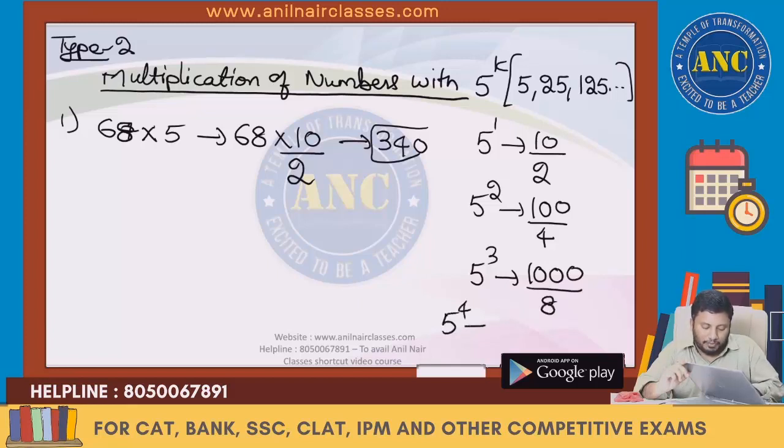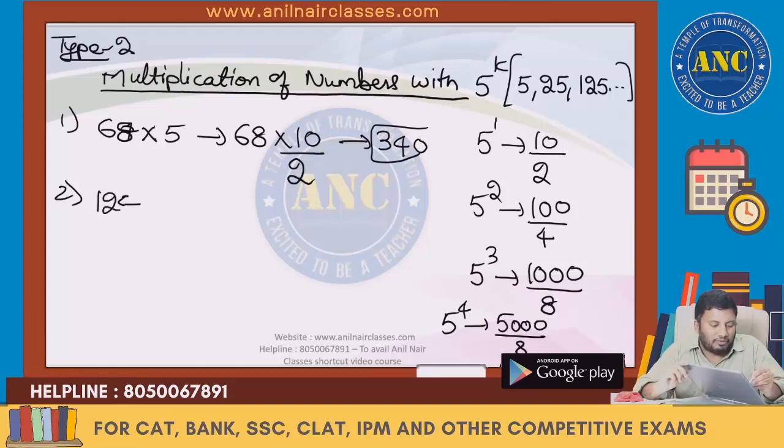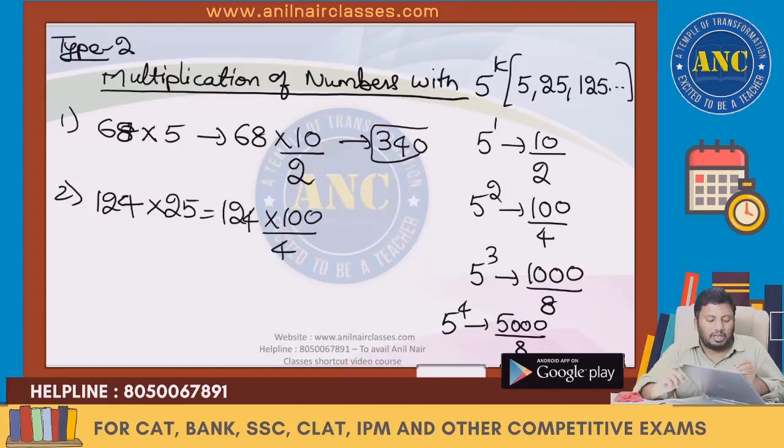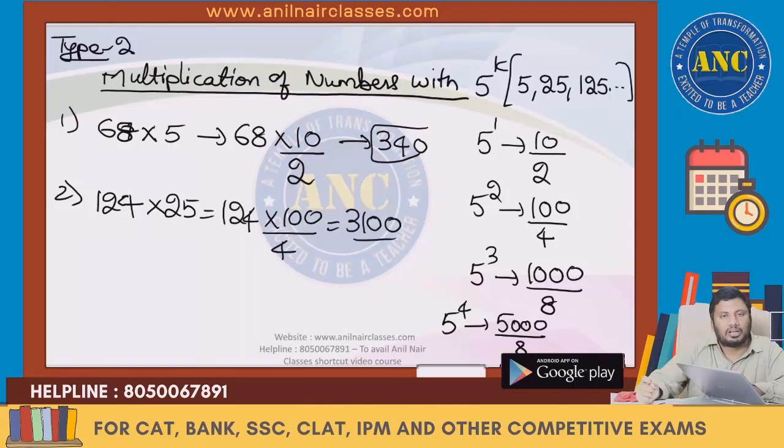5 power 4 is 5000 by 8. Suppose it is 124 into 25, which is 124 into 100 by 4, which is 3100.